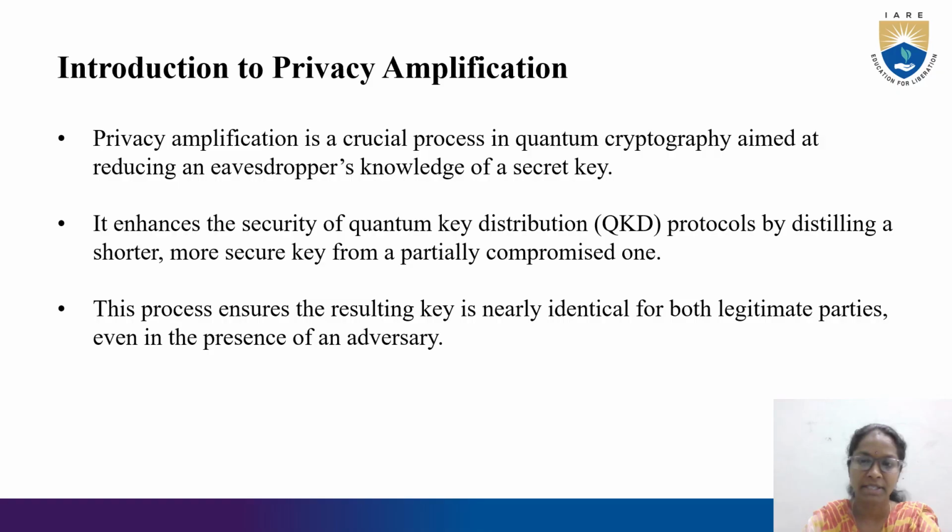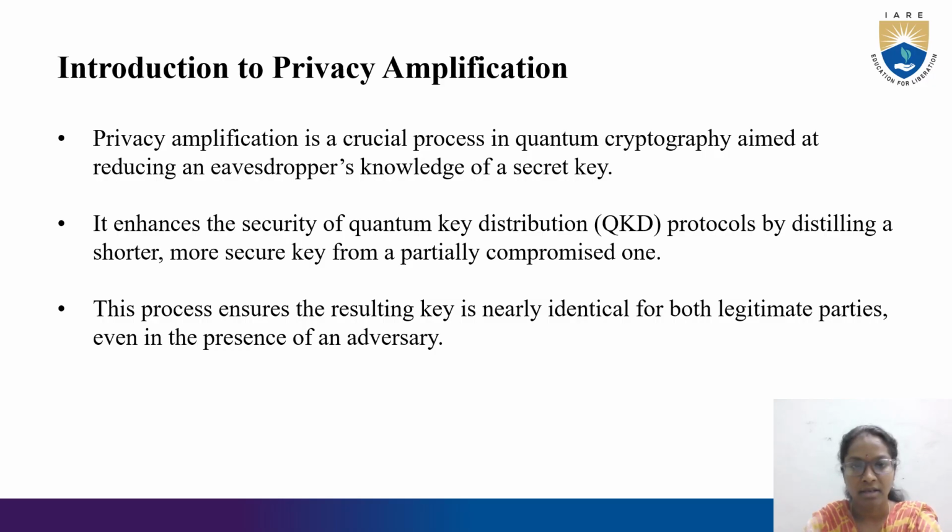Introduction to privacy amplification. First of all, we have to know what privacy amplification is. Privacy amplification is a crucial process in quantum cryptography aimed at reducing an eavesdropper's knowledge of the secret key.